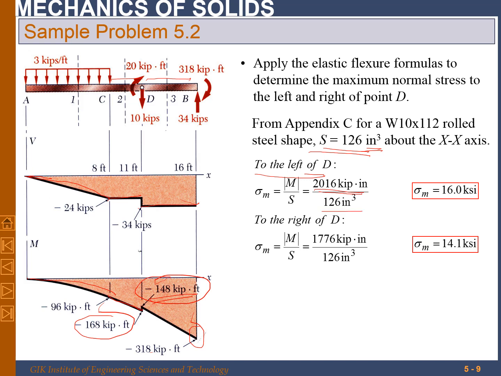So sigma maximum just before D is 16 ksi, and after D, the moment is 1776 kilopound inch, converting 148 kilopound feet into inches, divided by 126, that is the section modulus. So we have 14.1 ksi.